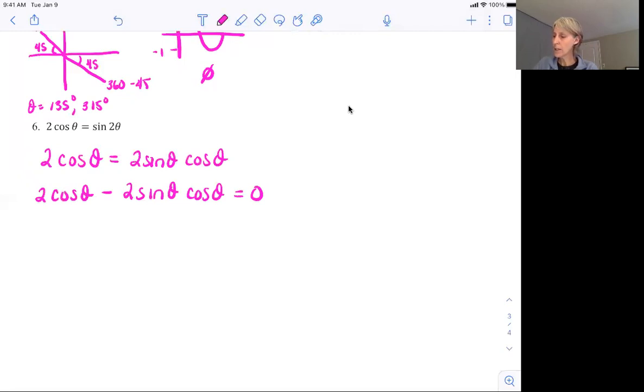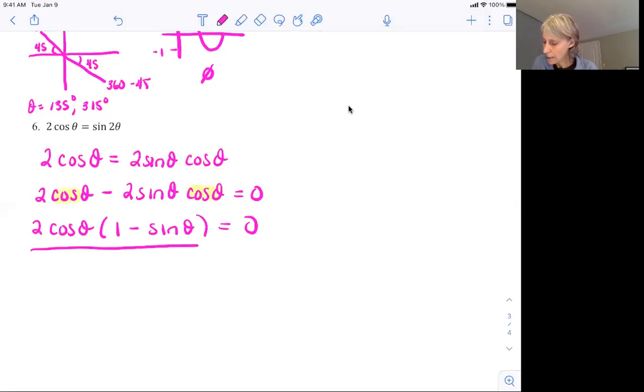in order to solve this, hope you can see that you have a cosine, so we can use GCF. I'm going to factor out 2 cosine theta, and inside parentheses, I will have 1 minus sine theta. Now I have each of my factors as a single trig function, and I can set each of these factors equal to 0.